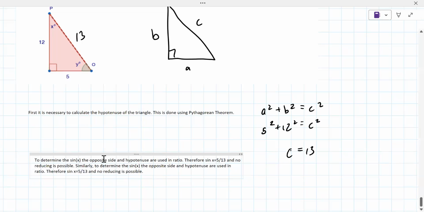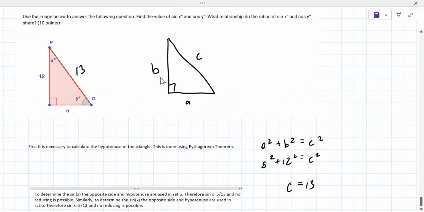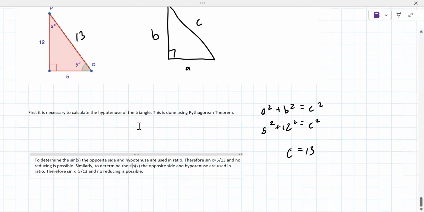Similarly, to determine the cosine of y, the adjacent side and hypotenuse are used in a ratio.